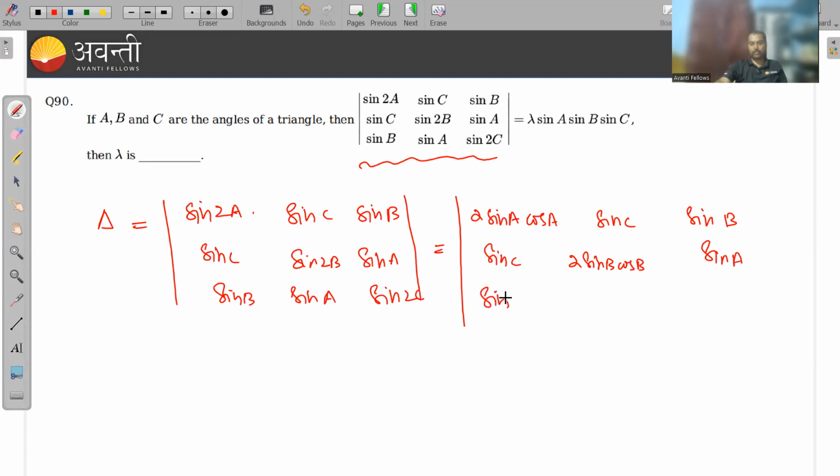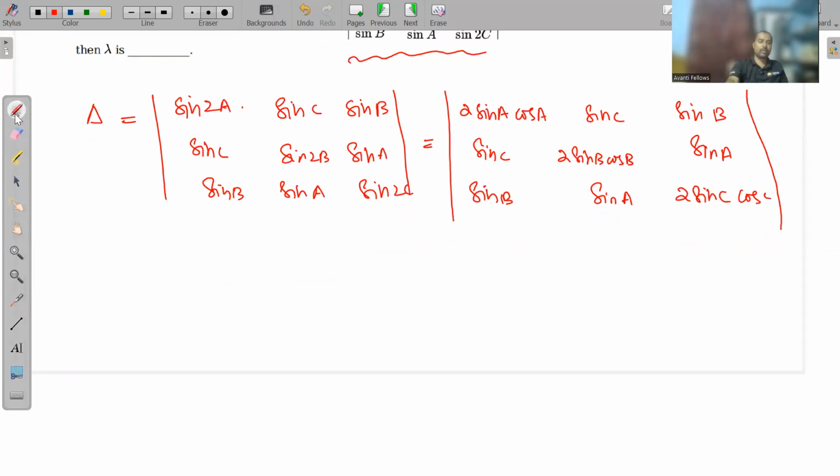and sine B, sine A, and 2 sine C cos C. Now, if you use the sine rule, what is the sine rule? From the solution of triangles chapter, everyone should know the sine rule.